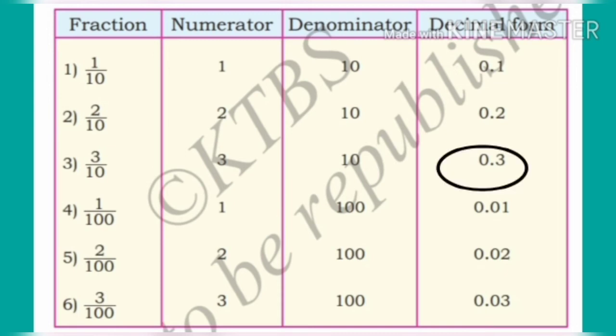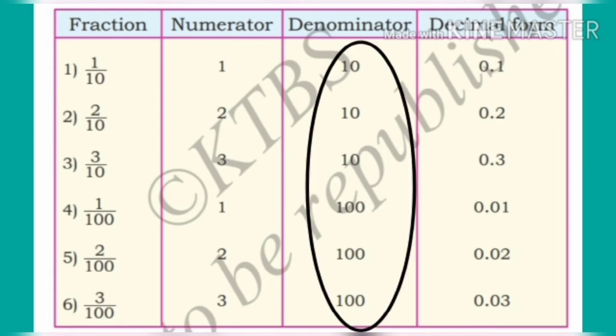Remember children, in a number, if there is a decimal point, it is called a decimal number. Decimal is another form of expressing fractions. Decimal means the denominator in the fraction is 10, 100, 1000 and so on.